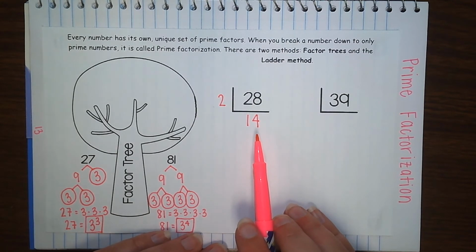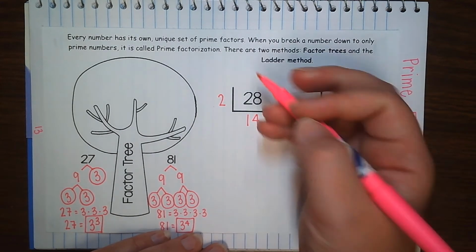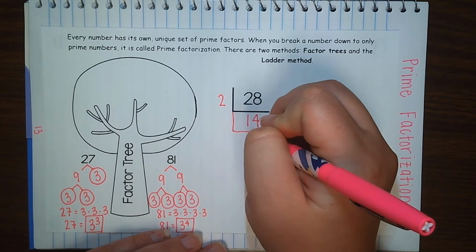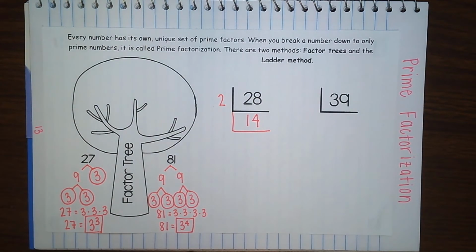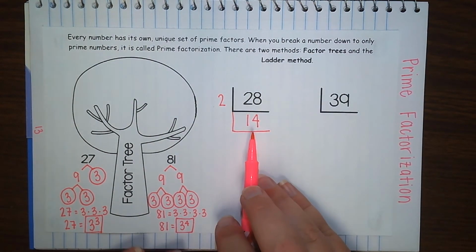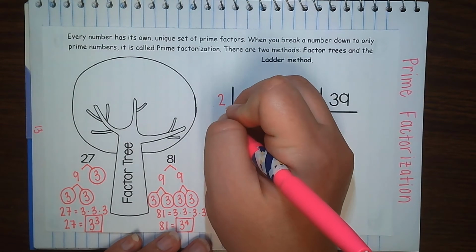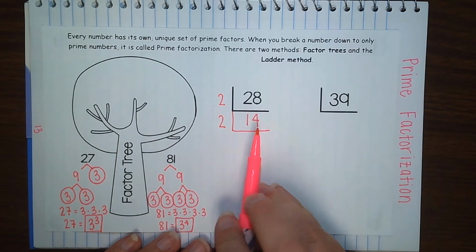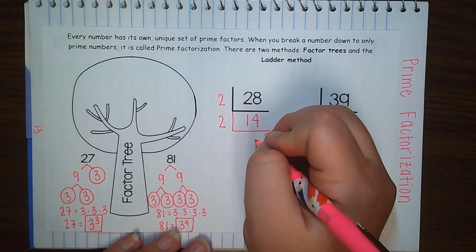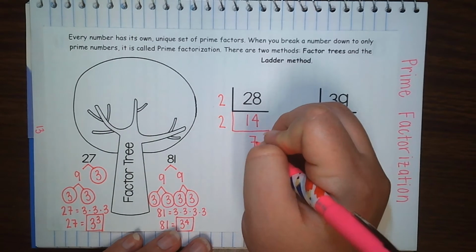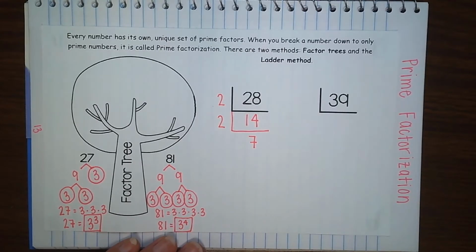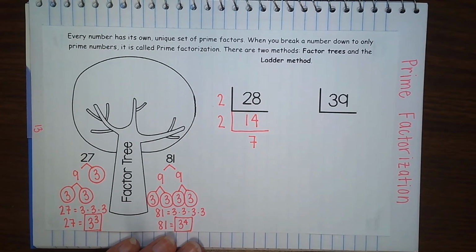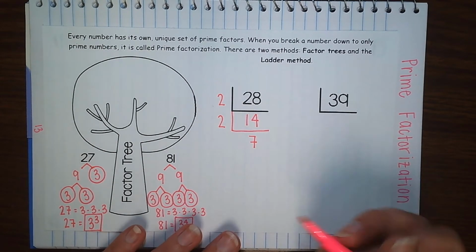If it is not prime, which 14 is not, we put another ladder. 14, I can also pull out a 2. 14 divided by 2 is 7. Is 7 a prime number? Yes.